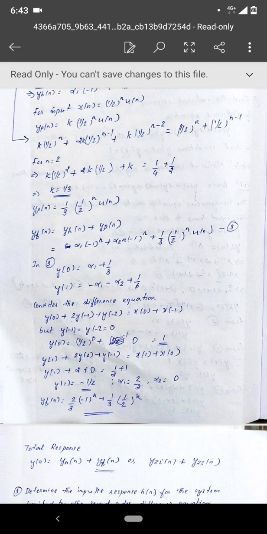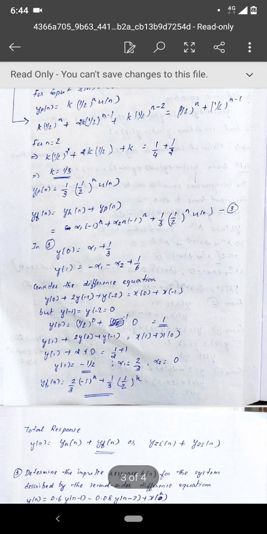So this much is similar to the first method that we have learned. There, in the first method, you determine alpha 1 and alpha 2 from the initial conditions. Here initial conditions are absent, so you have to determine alpha 1 and alpha 2 from the actual input, considering initial conditions as 0. That is very important.